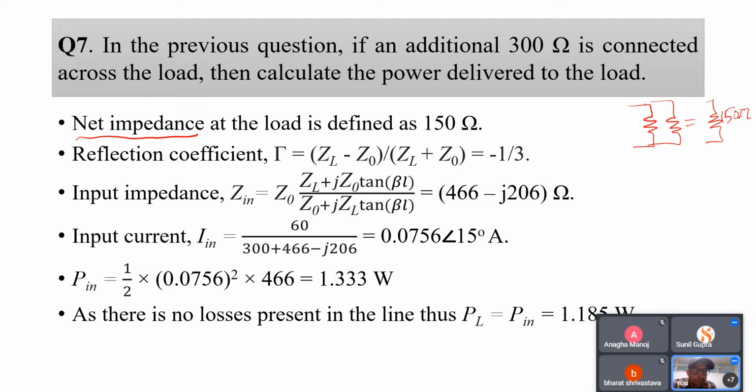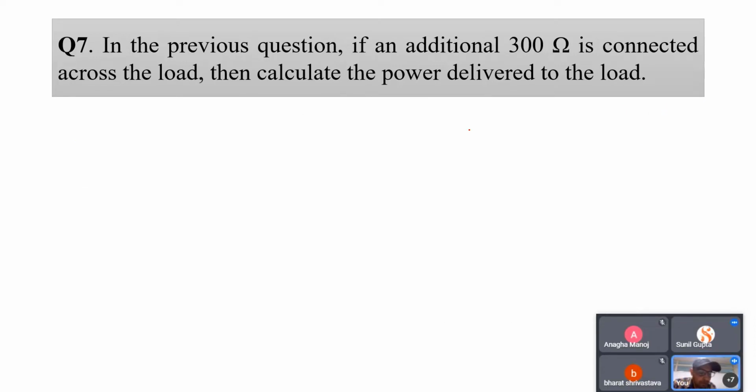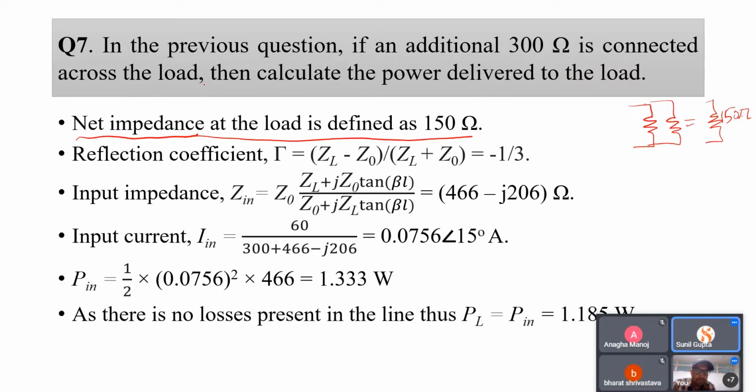The net load impedance is in parallel. Yes, it is connected in parallel. In the question it has been given that an additional 300 ohm is connected across the load. So the net load impedance is defined as 150 ohm.